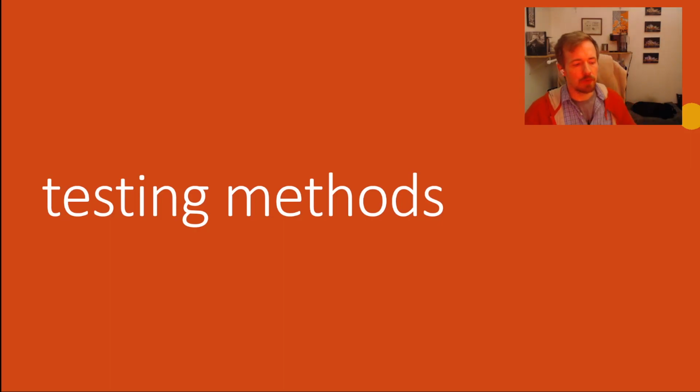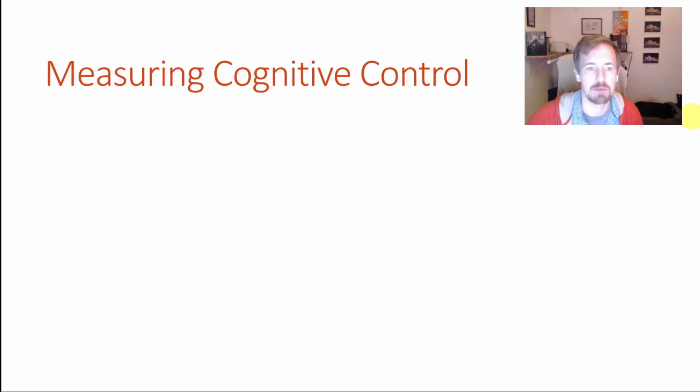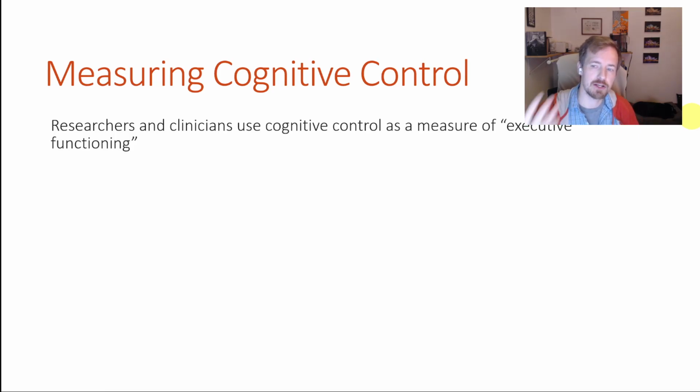Okay, so I want to spend a substantial amount of time now talking about testing methods. What are the different methods that we use to test working memory? For trying to measure cognitive control, there's a number of ways to do that, and I know that a lot of you watching this are not really planning on becoming researchers or professors.